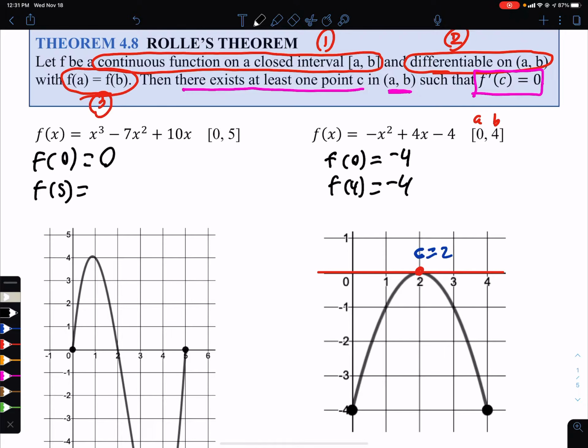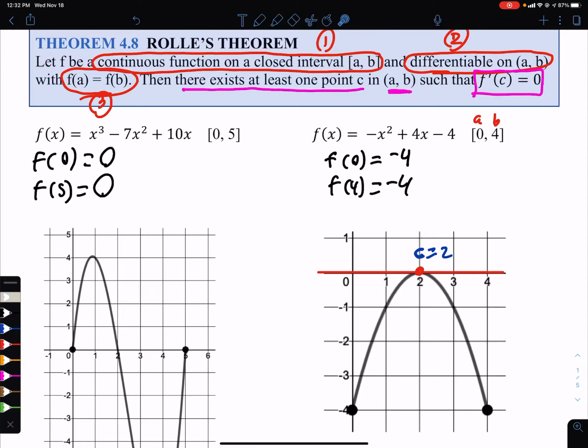Plug in 0, I'm going to get 0. Plug in 5, that's 125. And then 25 times 7, that's 175. So 125 minus 175 is negative 50. Negative 50, and then plus 50, so that's 0. So condition 3 met. The endpoints are equal.